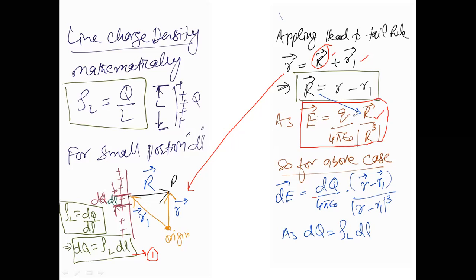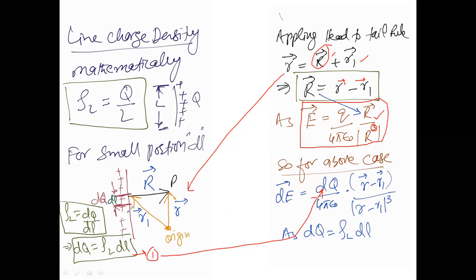Replacing this r by r minus r1, these are the vectors, as you can see from here. So r minus r1 divided by absolute r minus r1, whole cube. You can use this equation and replace dq by rho l dl.